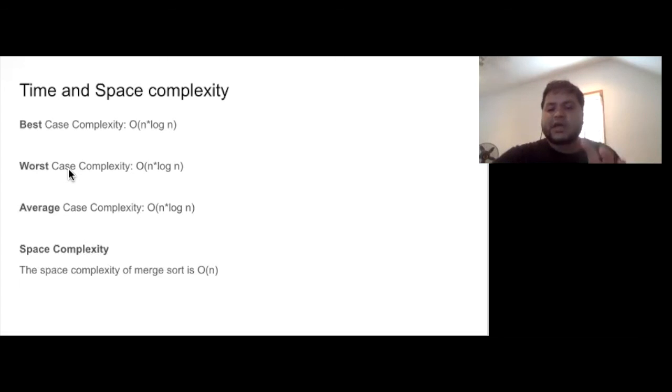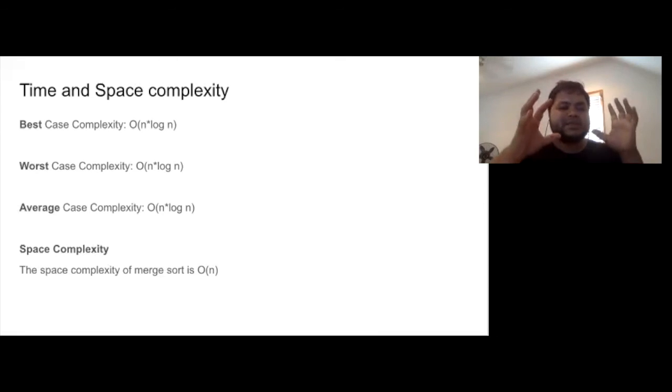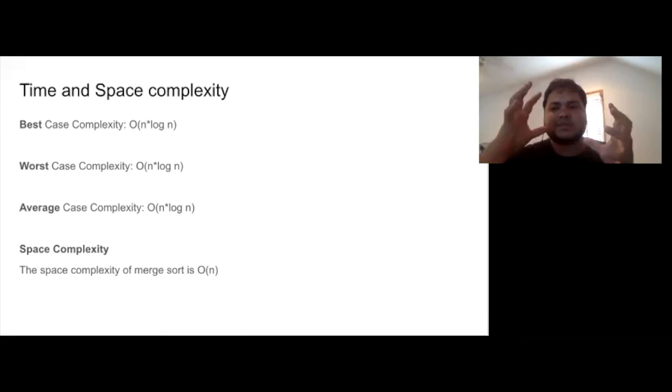Hence, the total time for the merge sort function will become n log n plus 1 constant time to find the midway, which gives us the time complexity of big O of n log n. In the case of merge sort, the worst case, best case, and average case complexities are all n log n.